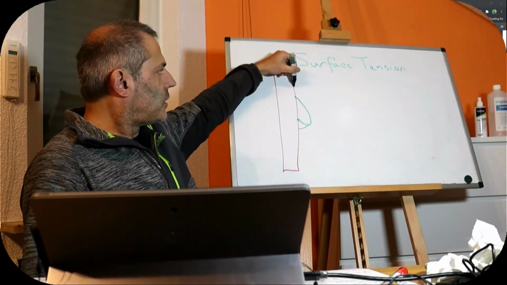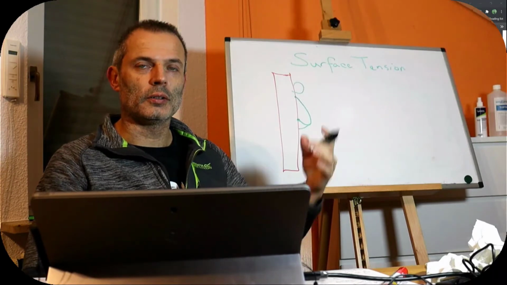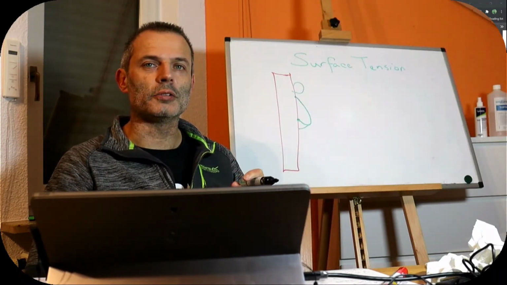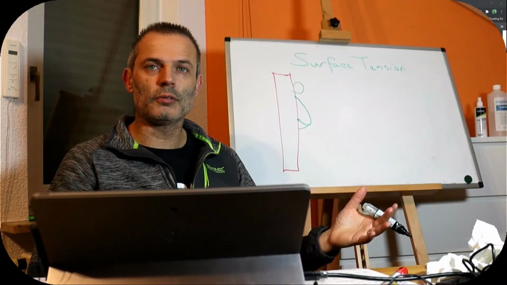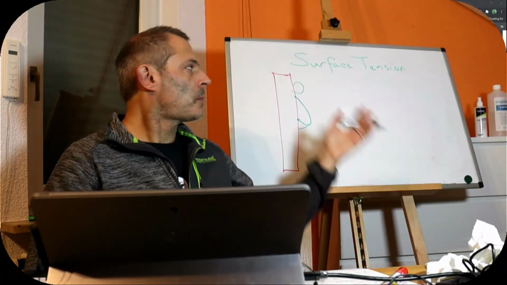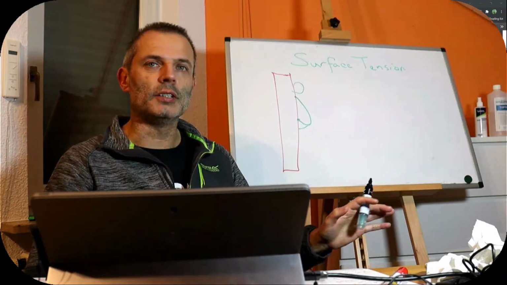So if it has a very high angle and a very low difference in angle, a very low hysteresis, it will slide down, and that is what we see on Teflon, for example, PTFE. A drop will slide over a surface of PTFE relatively easily.